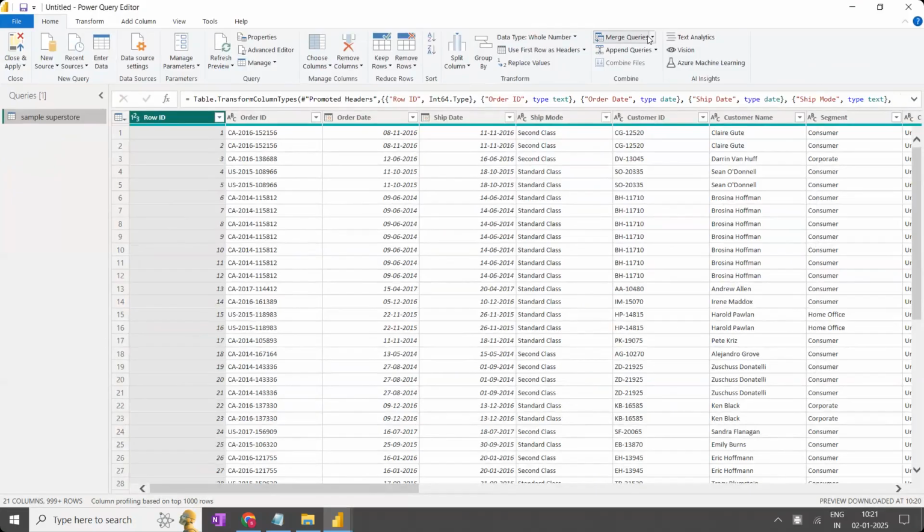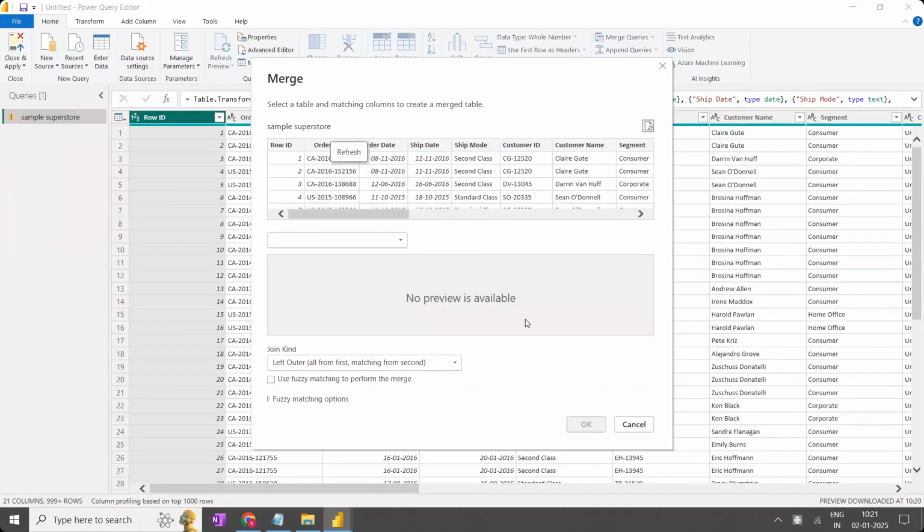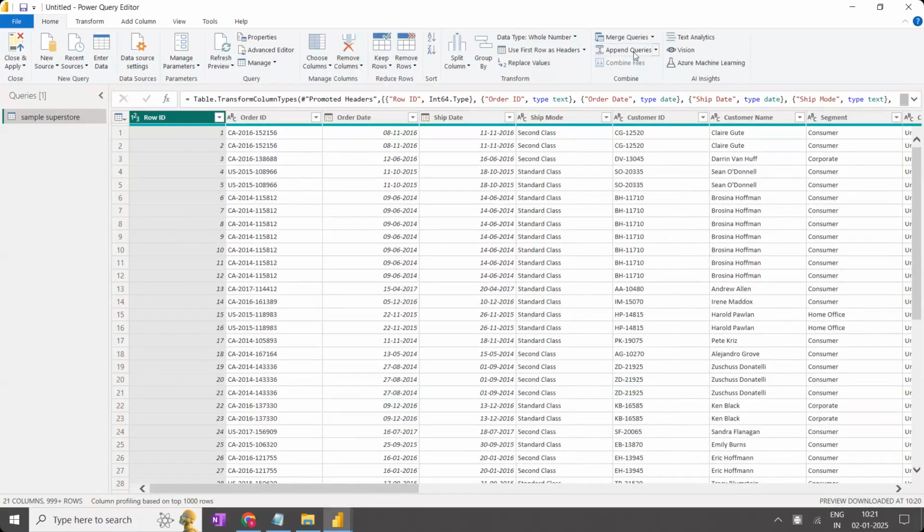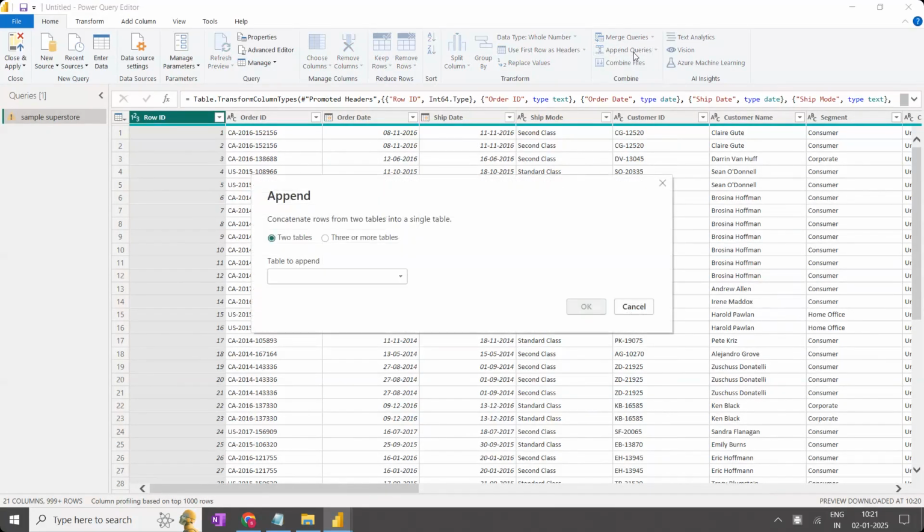If you click on merge queries, you'll get two tables, table 1 and table 2, and you can apply left join, right join, inner join. Various types of joins you can do. When you have common columns, we apply the merge. Or when we want to append, two or three tables have to be combined in order, one by one.